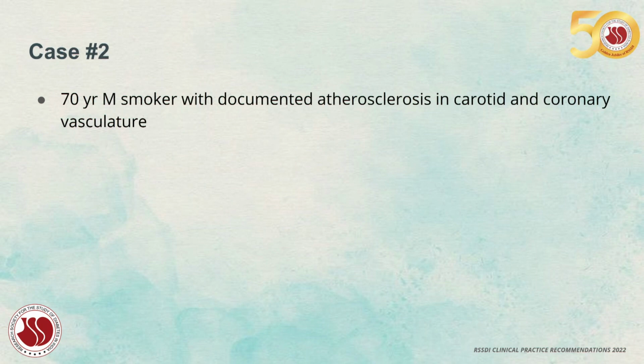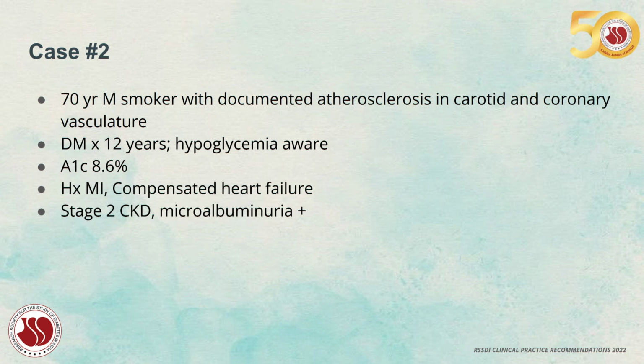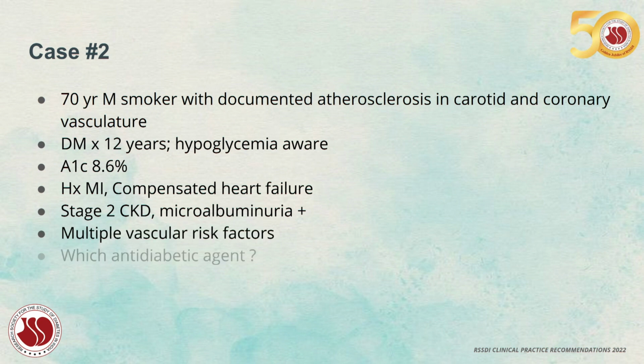Now there is another patient who is 70 years old, smoker, has documented atherosclerosis, diabetes is there for 12 years, hypoglycemia happened earlier, but he is aware about hypoglycemia, A1C is 8.6%, has history of myocardial infarction, compensated heart failure, stage 2 CKD, microalbuminuria, multiple risk factors, and already on metformin.